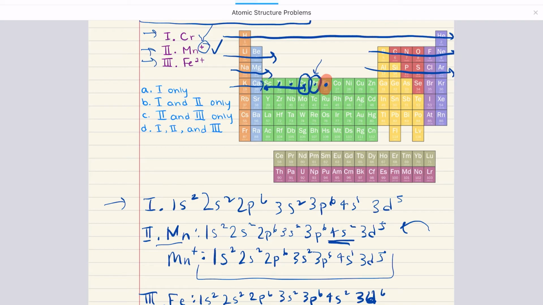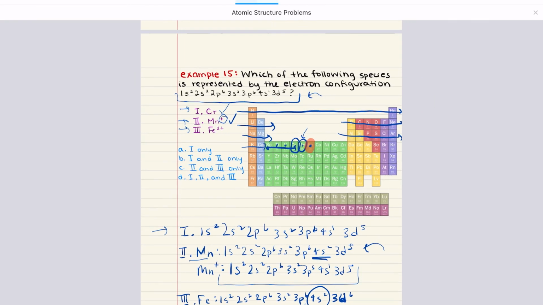Now, here, it's going to lose 2 electrons because it's an iron 2 plus. Where is it going to lose those 2 electrons from? Again, according to the rule, they're going to be removed from the 4s subshell. And so the electron configuration for Fe2 plus is 1s2, 2s2, 2p6, 3s2, 3p6, 4s0, 3d6.